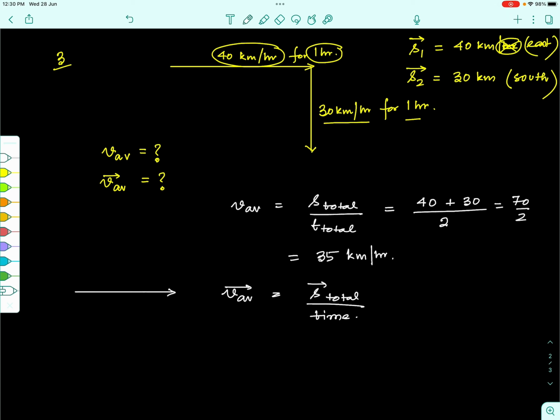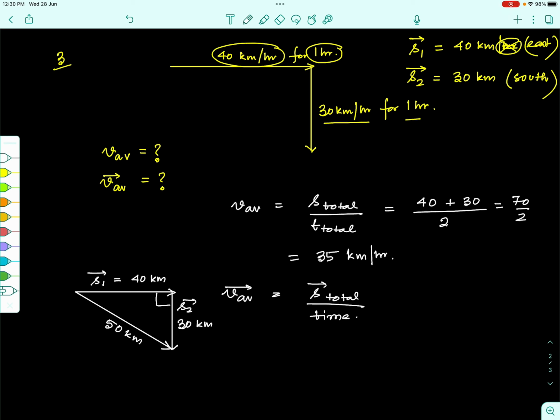We know that the first displacement S1 vector is 40 kilometers due east, whereas the second displacement is 30 kilometers towards south. So, we can see here that the net displacement will be in this direction, which using the Pythagoras theorem we can see that it will be 50 kilometers, isn't it?